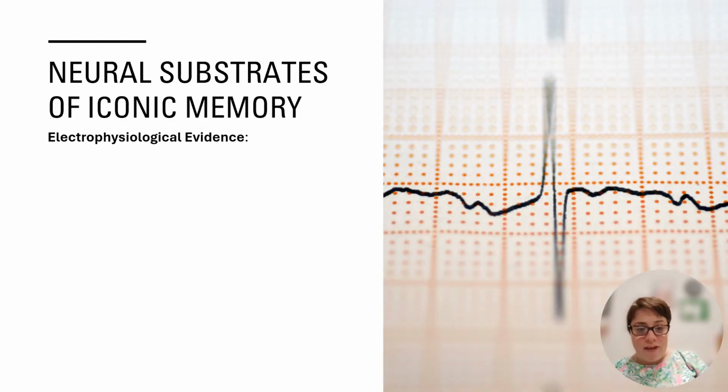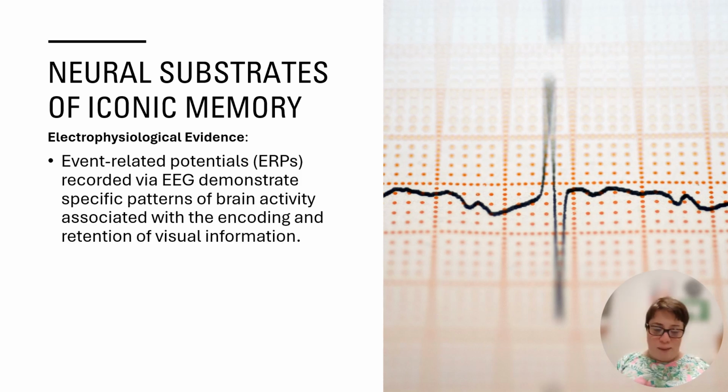We also have electrophysiological evidence. So, for example, remember event-related potentials, right, or ERPs from my last video? So basically, researchers used ERPs recorded via EEG to demonstrate specific patterns of brain activity associated with the encoding and retention of briefly presented visual stimuli.